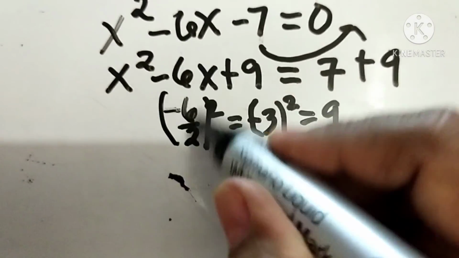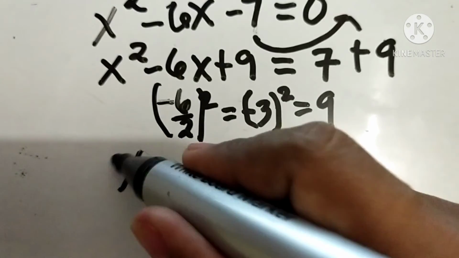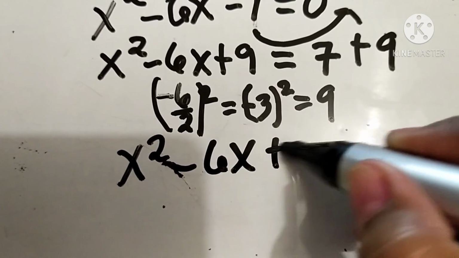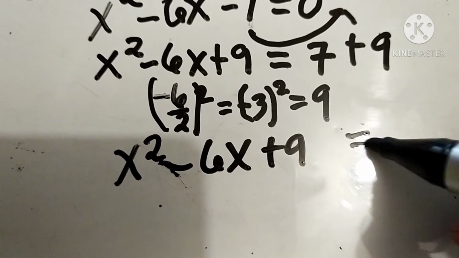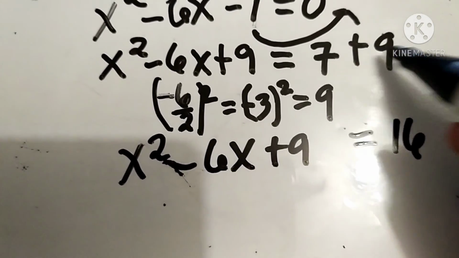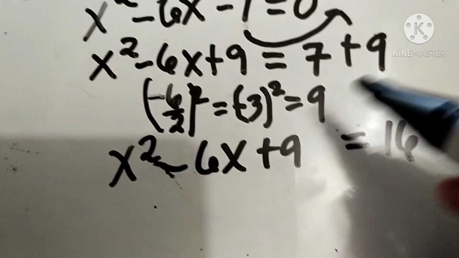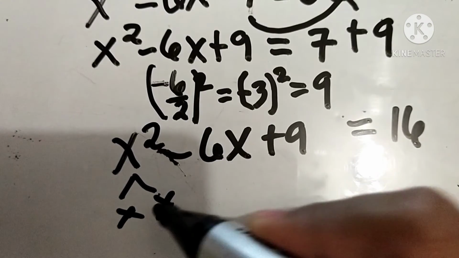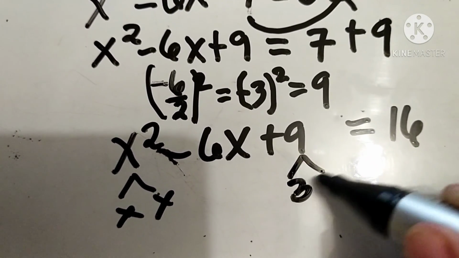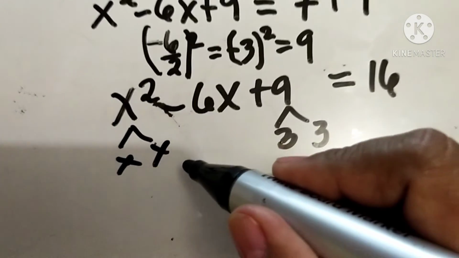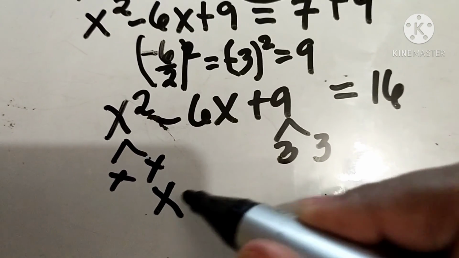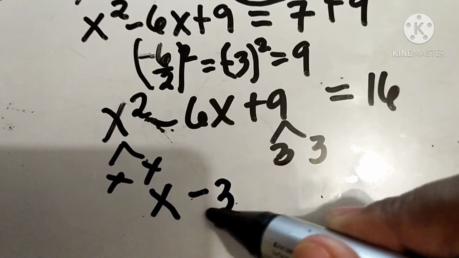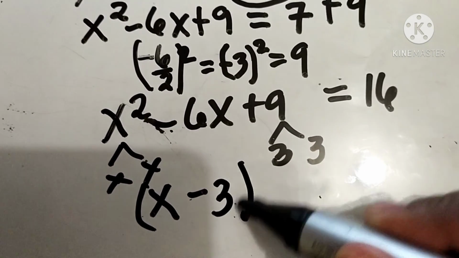So, this will become now a perfect square trinomial. Minus 6x plus 9 equal 16. I-add lang natin yan kasi plus man sa gitna. So, next here, we'll just factor x plus 3. Okay. So, how will you factor? Kunin mo lang yung sign sa gitna. Minus 3. Ganyan.